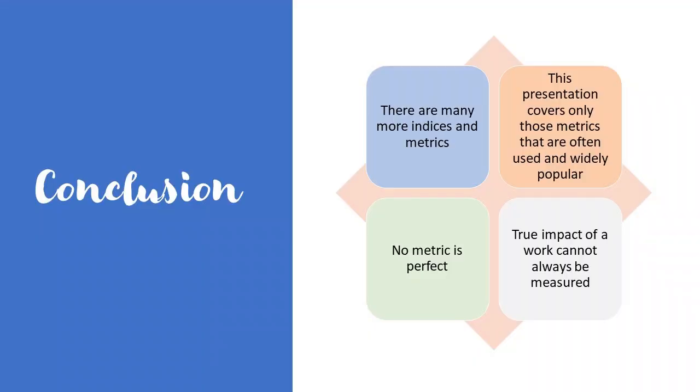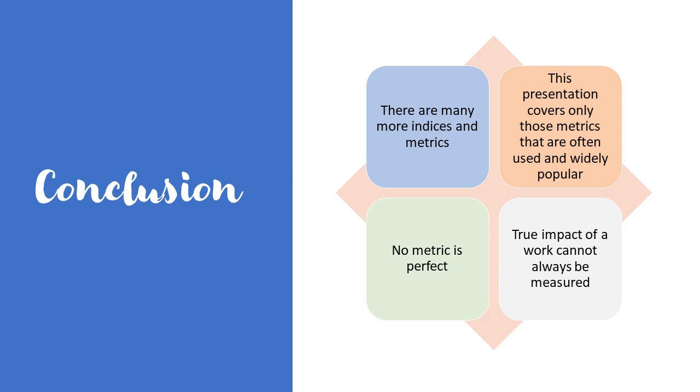So there are many more indices and metrics. In this lecture I have only covered very essential and most widely used popular metrics. This is something very important. No metric is perfect. There is always some flip side for any metric that you name. Then, true impact of a work cannot always be measured in numbers.